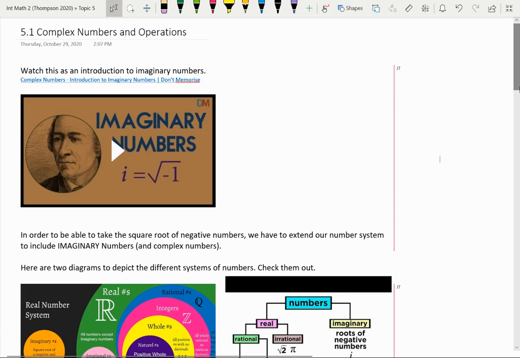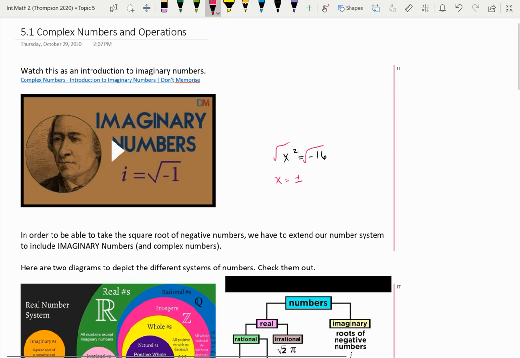In the last section, when we were given problems like x squared is equal to negative 16, and we were solving for the values of x, we would take the square root of both sides, and we'd get x is equal to plus or minus.